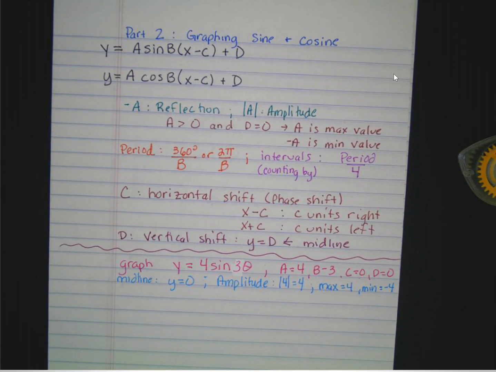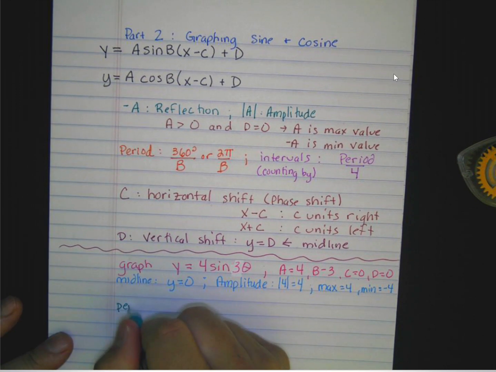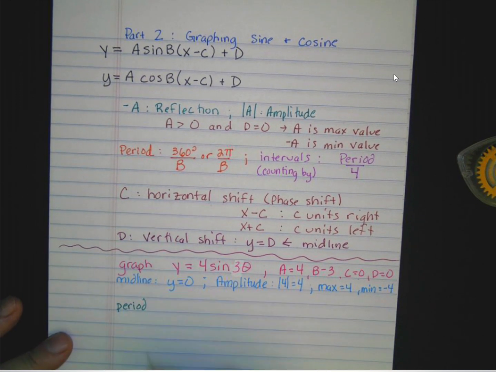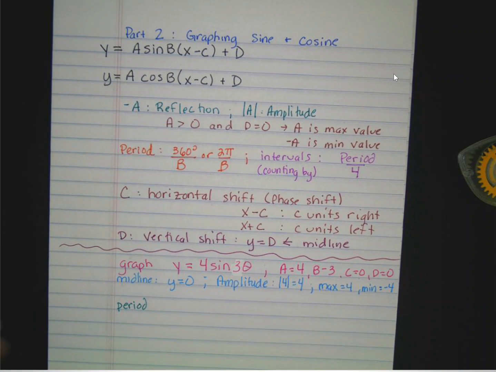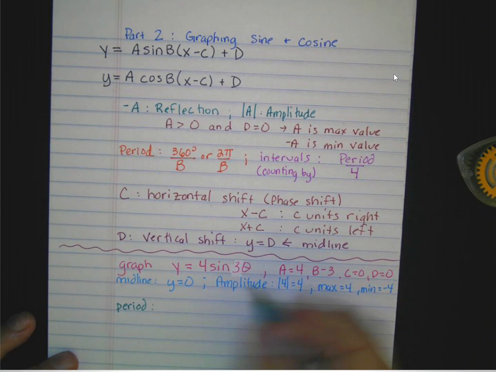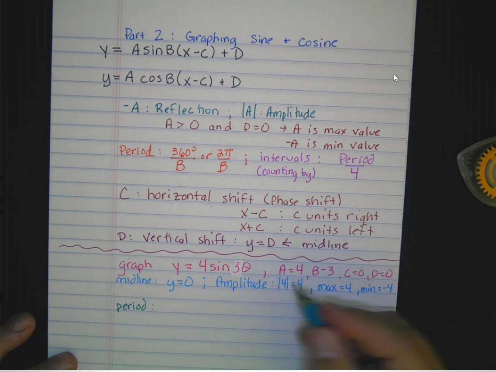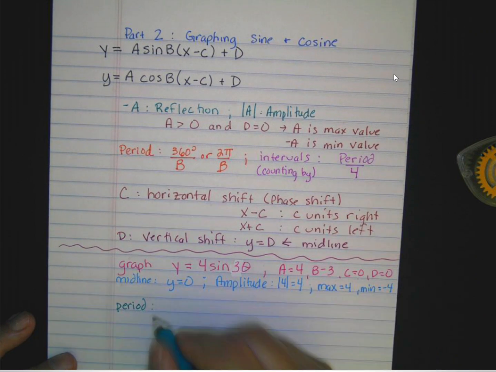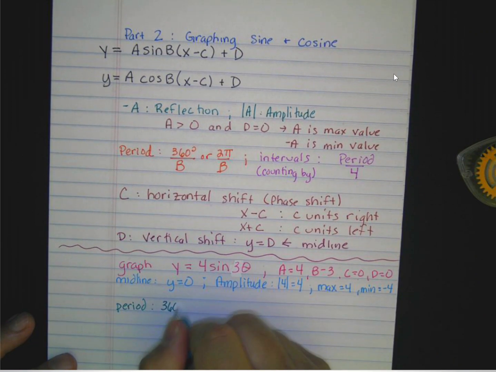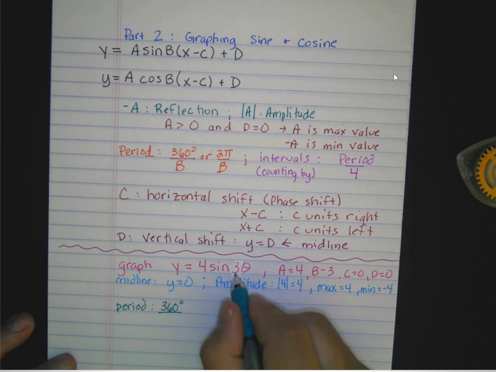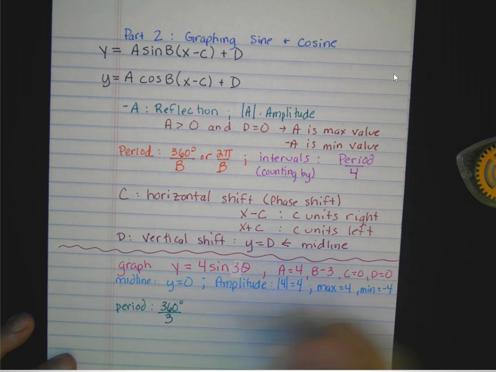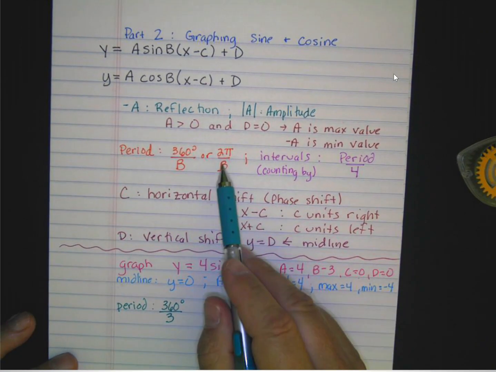First thing you got to do all the time is find your period. So my period, we don't have anything here, so we're going to stick with degrees, since it doesn't have a pi in it. All right, so my period is going to be 360 degrees divided by B. B is 3, right up there.